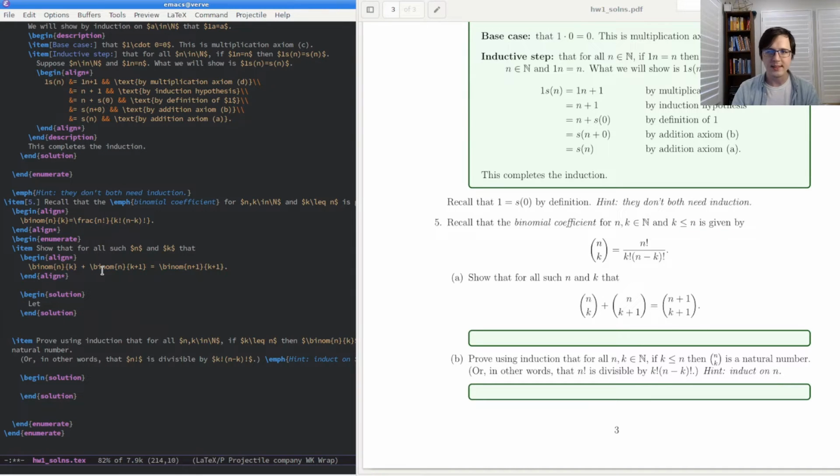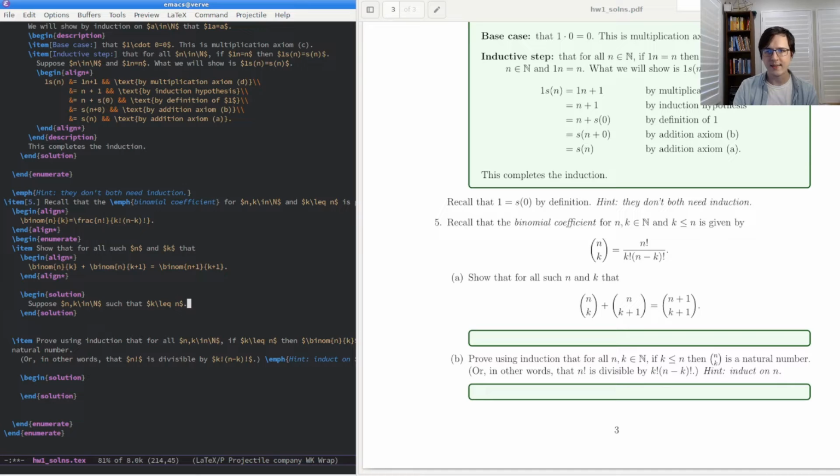let's assume our hypotheses. Let n and k be in the natural numbers such that, well, I've been using suppose. A lot of authors use let to mean both supposing something and letting something have a particular definition. But I like using suppose to mean that something's been handed to you that's arbitrary and you're not defining it.